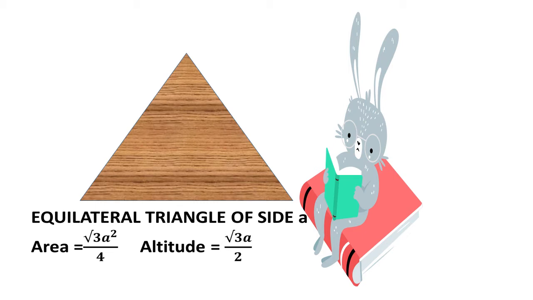How do we find out the height of a triangle? By Pythagoras theorem. What was the Pythagoras theorem? h square is equal to b square plus p square, where h is the hypotenuse, b is the base and p is the perpendicular. Okay, so is this clear?